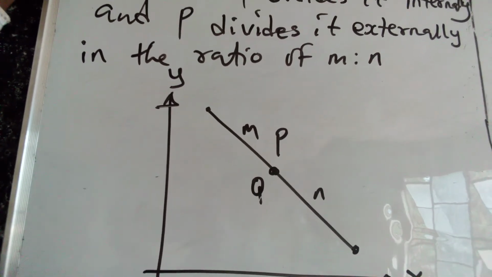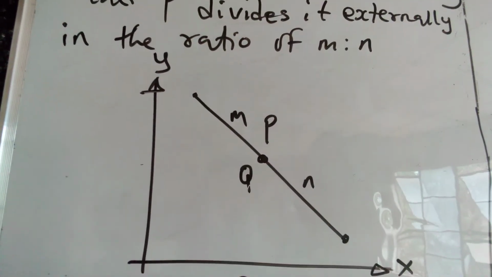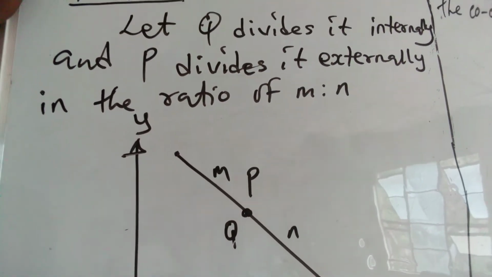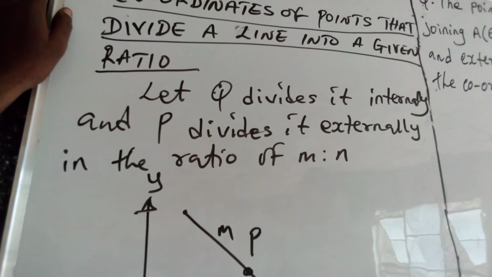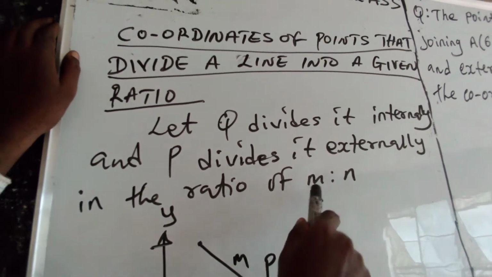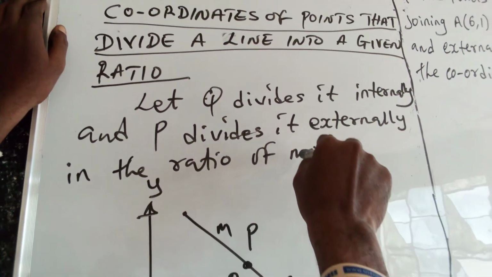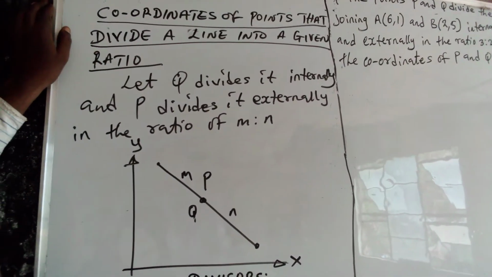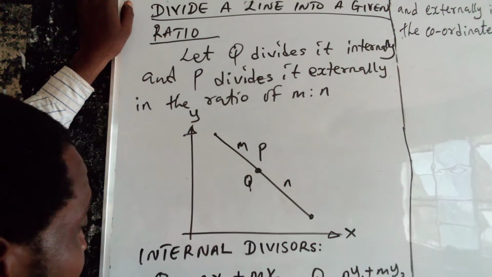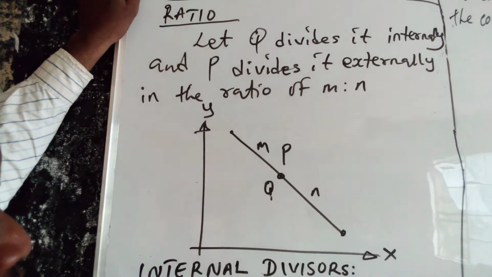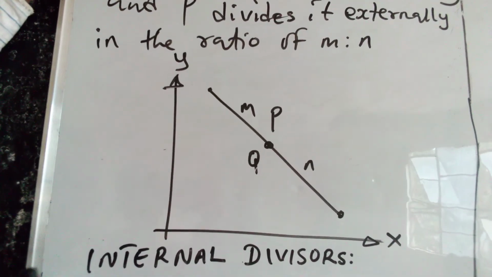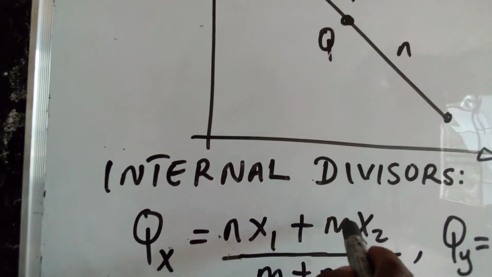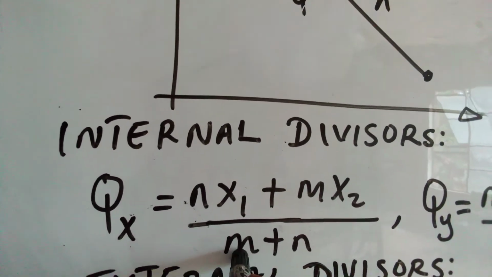So if you want to get the internal divisor, meaning the point that divides this line internally, all you have to do for you to get the x coordinate, remember the 2 ratio they will give you. The first one is m, the second one is n. But the formula will now be, you pick the second one first. You see n. Internal is positive. So you now say n x1 plus m x2 all over m plus n.